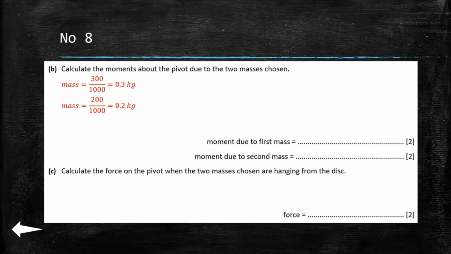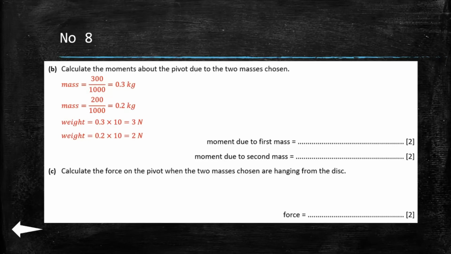Because moment is force times distance, we must convert the mass into weight. Just multiply each mass by 10 to get the weight of each mass. So the 0.3 kilogram becomes 3 Newton, while 0.2 kilogram becomes 2 Newton. Next, multiply each weight by the distance about the pivot.